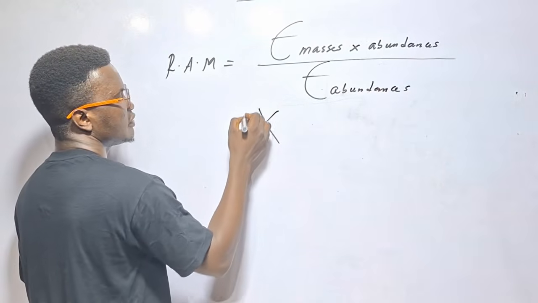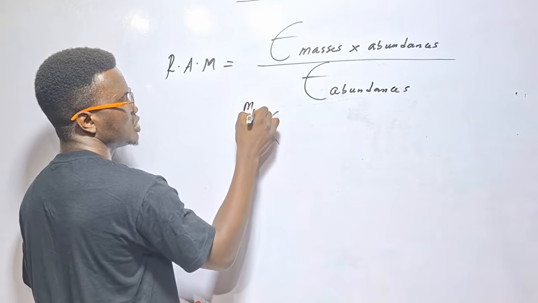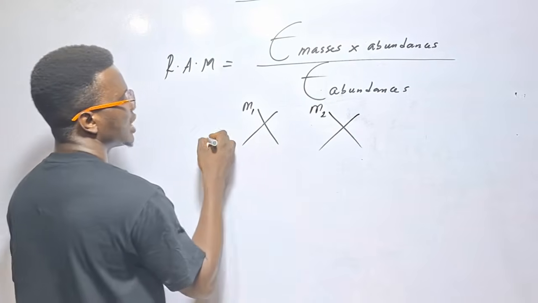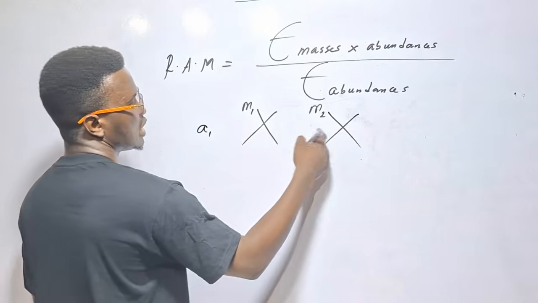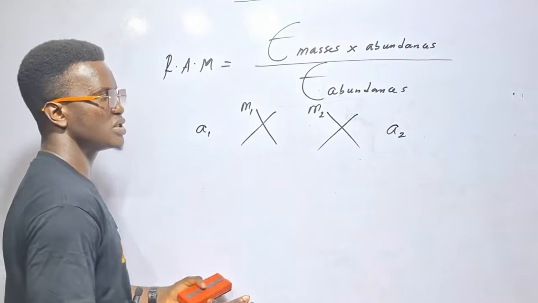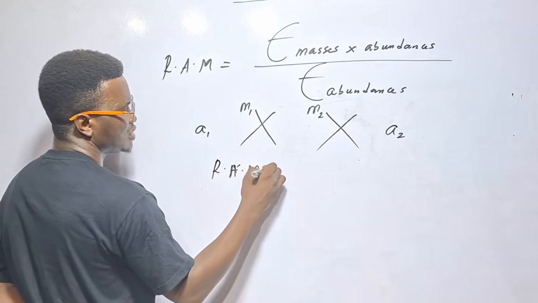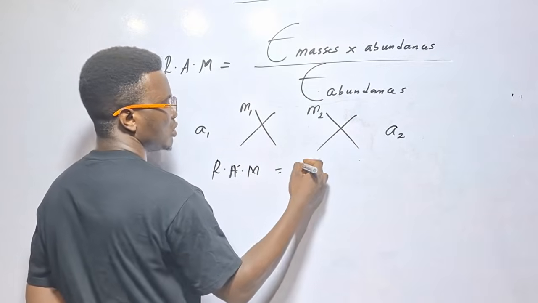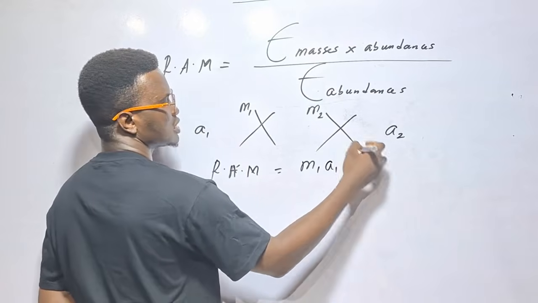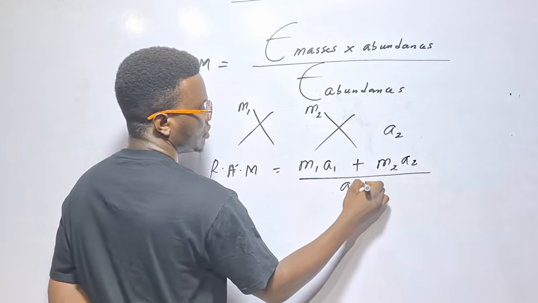Meaning that, let's say I have an element X, and this X has a particular atomic mass, let me call it M1, and another one with M2, and the abundance of the first is A1, and the abundance of the second is A2. If I say calculate the relative atomic mass, you just sum everything. That's going to be the sum of the masses multiplied by the abundance, plus the second one multiplied by the abundance, over the sum of the abundances.